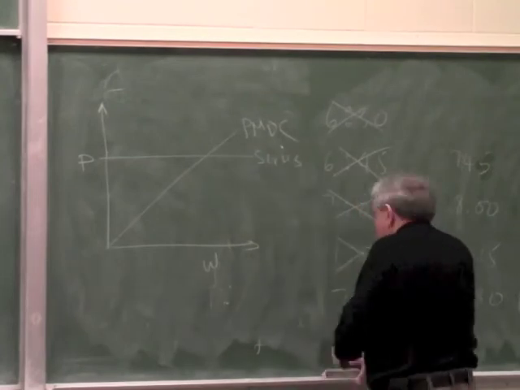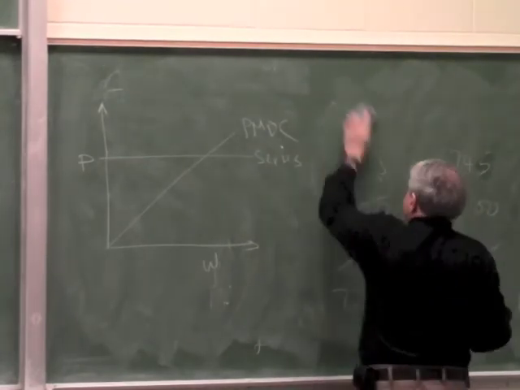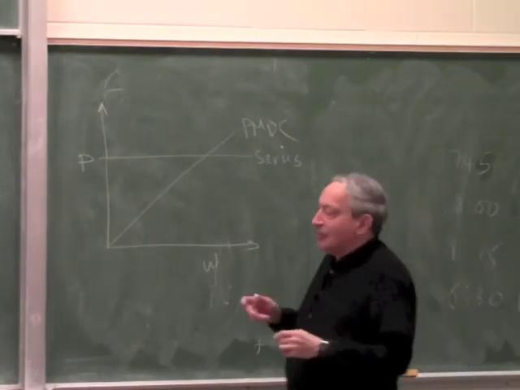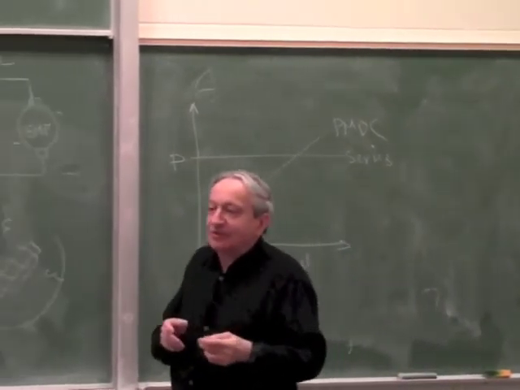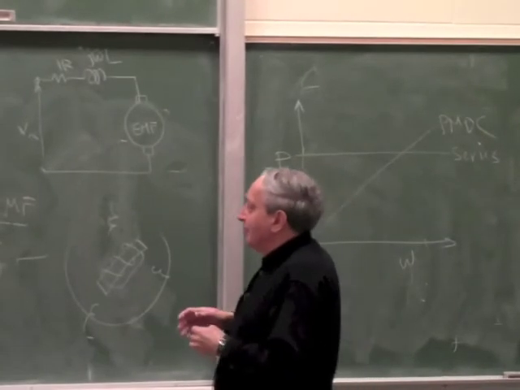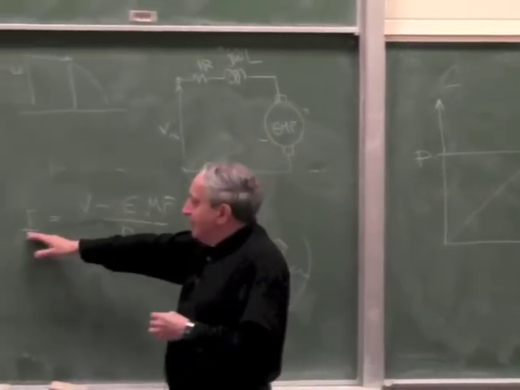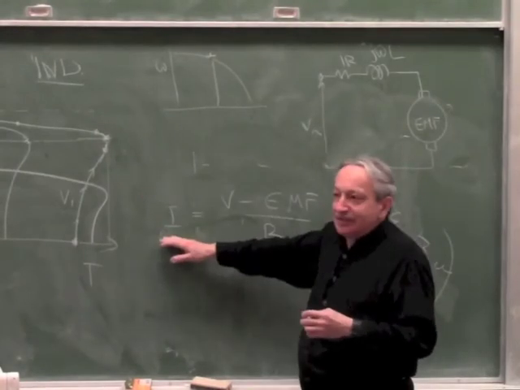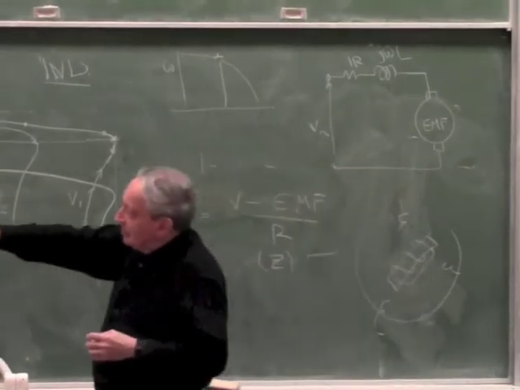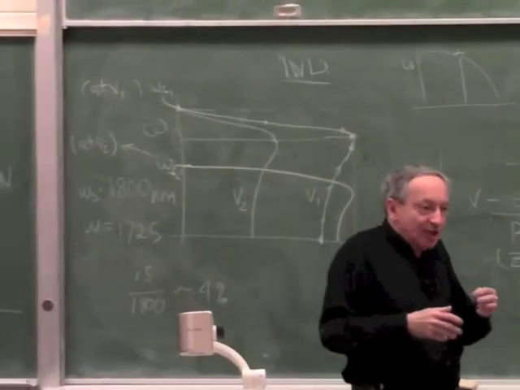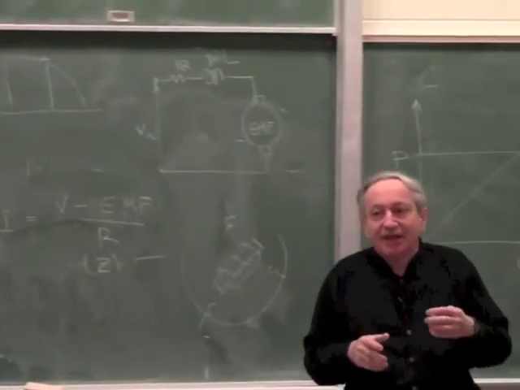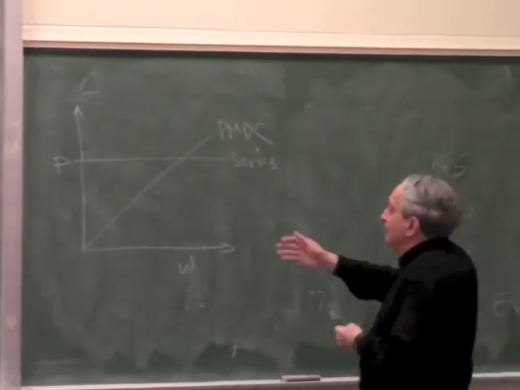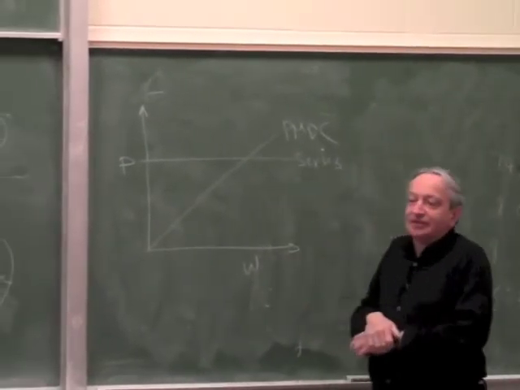Now, how will a synchronous motor look if I adjust omega and V to maintain the current always at maximum? Because remember, to do a fair comparison, I have to run all the motors at rated current. So now I take a synchronous motor, adjust the voltage for each omega, and it's running always at constant current. What will the graph look like?